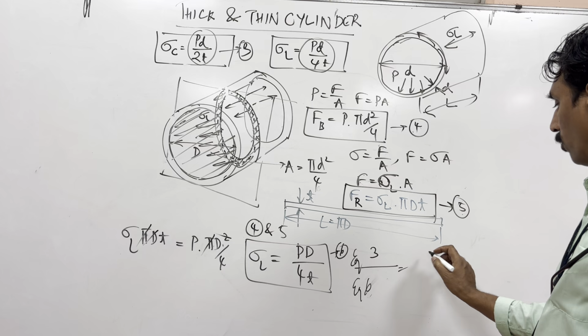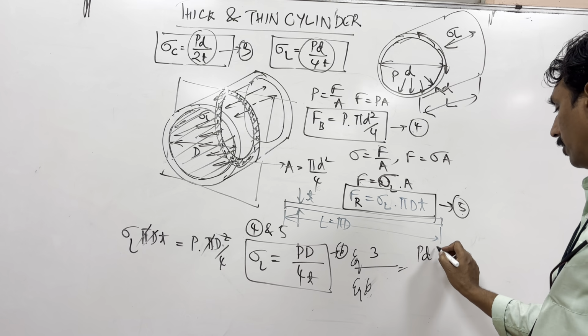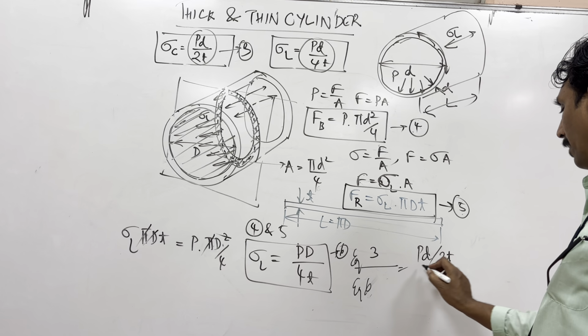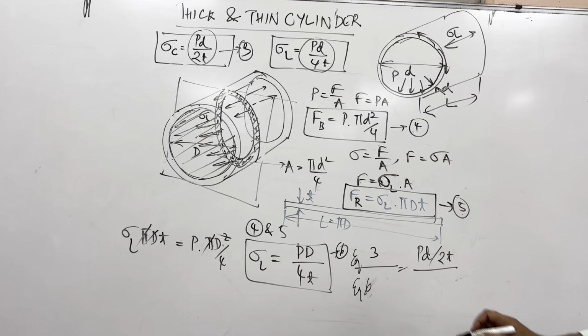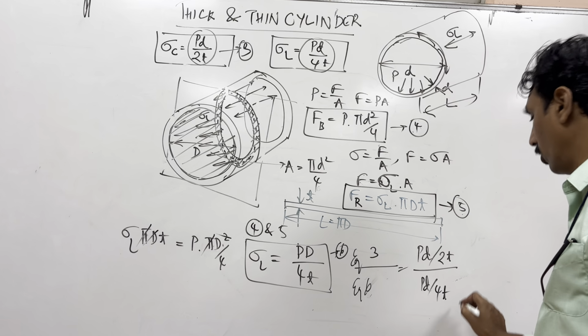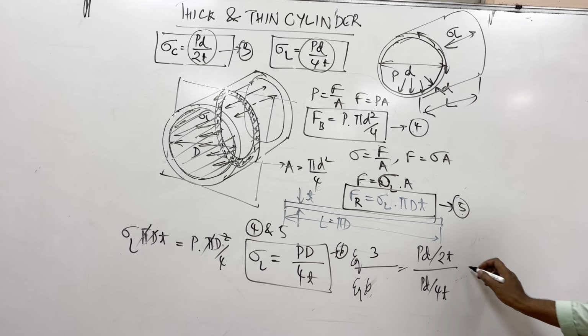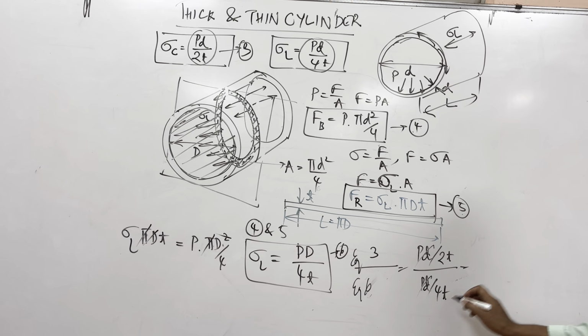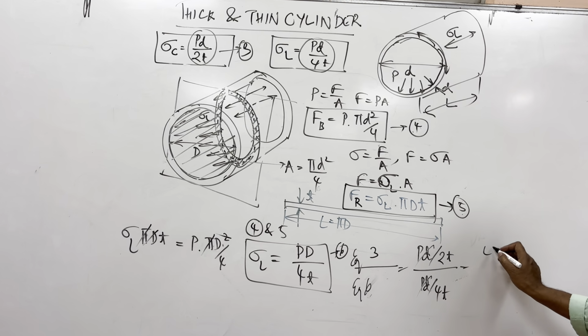Equation 3 is P D by 2t, and equation 6 is P D by 4t. Here P D cancels out, so you get 4t divided by 2t, which is 2 times.